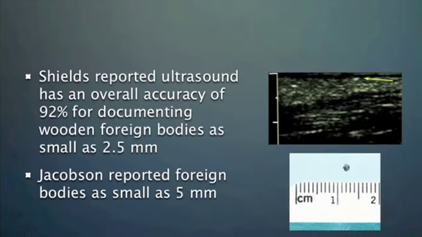Well, what about ultrasound? Shields reported that ultrasound has an overall accuracy of 92% for documenting wooden foreign bodies as small as 2.5 millimeters. Jacobson looked at foreign bodies as small as 5 millimeters. So even in these very small structures, they can be seen on ultrasound.